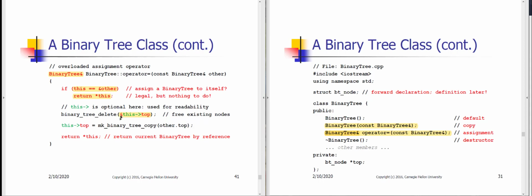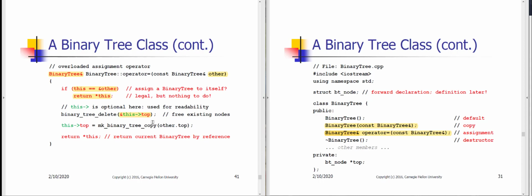We can get away with just saying delete ampersand top, because top is understood to belong to the current binary tree. But for clarity, since we also have some other binary tree floating around, it's common to use this arrow top rather than just plain top. Recall that this arrow top is equivalent to star this in parentheses dot top.